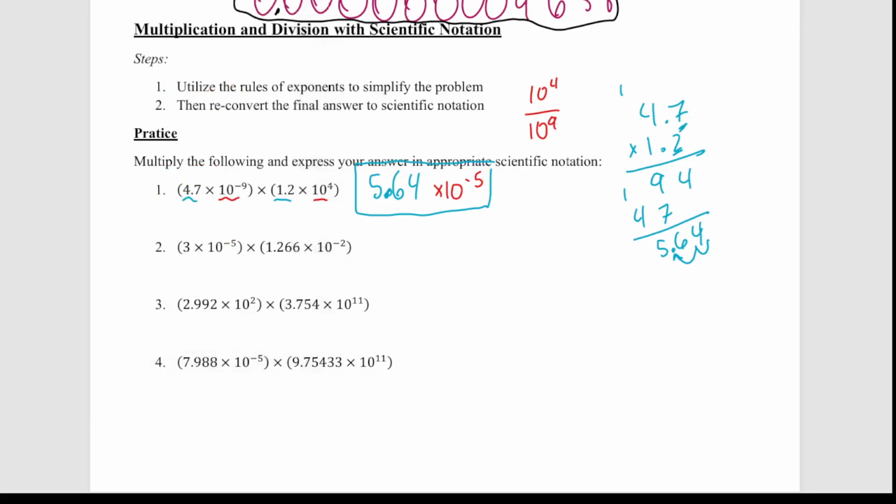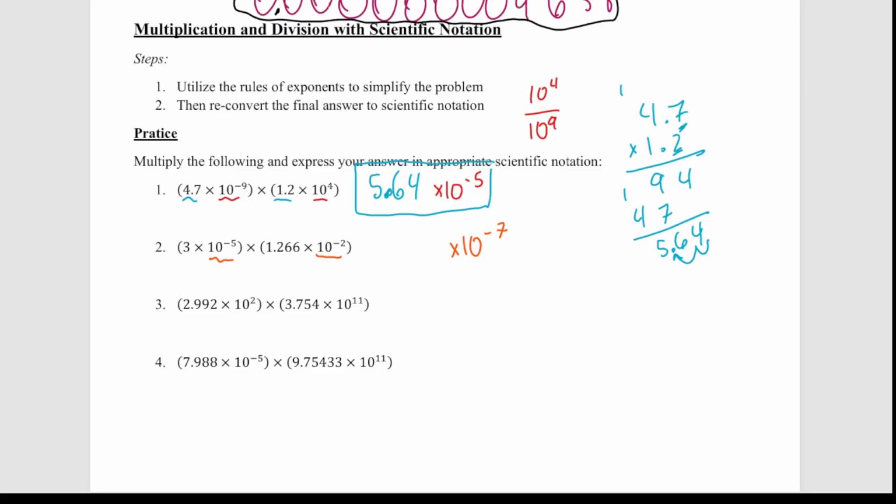Similarly, for the next one, we have 10 to the negative second times 10 to the negative fifth. That's going to wind up at 10 to the negative seventh, since negative 2 plus negative 5 is negative 7. Or you can think I have 2 tenths in the denominator times 5 more tenths in the denominator. Going to wind up with 10 to the negative seventh.